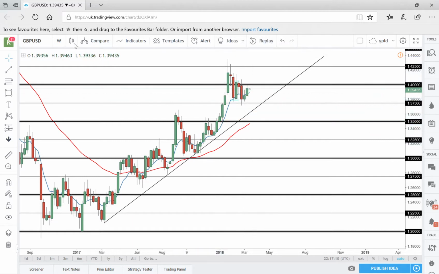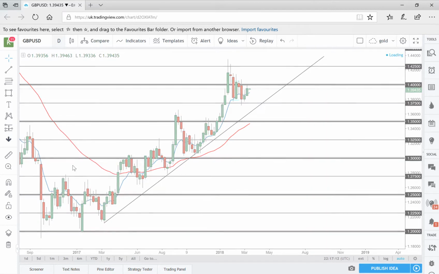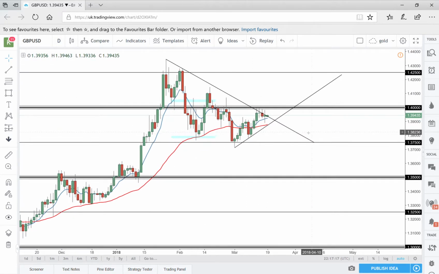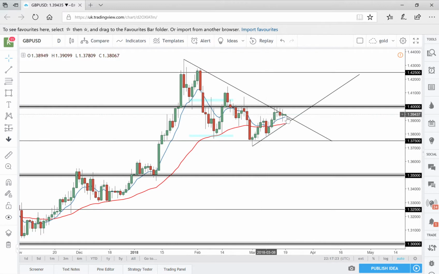So if we scale down to the daily time frame for an even better picture, we can see this gives us, I guess you could say, a bit of indecision here. We have got lower lows, lower highs being formed, seem to be struggling to break through this monthly resistance, but we have found support here on our weekly mid-range.